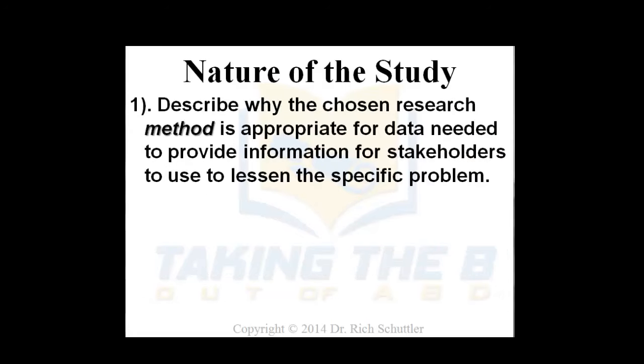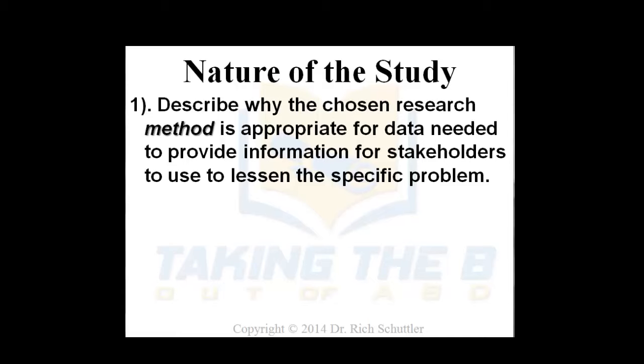So the first paragraph of the four paragraphs you need to write in the nature of the study section is as such, where you describe why the chosen research method is appropriate for the data needed to provide information for stakeholders to use to lessen a specific problem. So what does this really break down to?